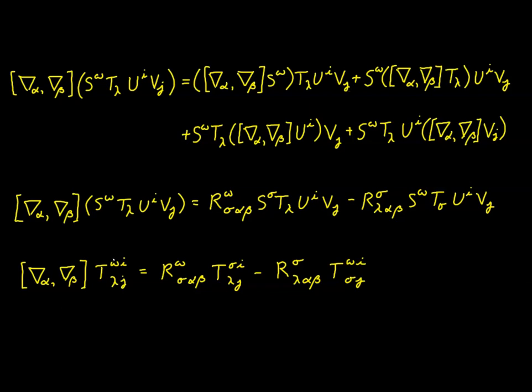So for each free surface index, we're going to need a term. If the free surface index is in the upper position, it'll be a positive term, and the contraction will be formed in this direction. For each free surface index in the lower position, we'll have a negative term, and the contraction will go in this direction. Exactly the same rules as we had up here.